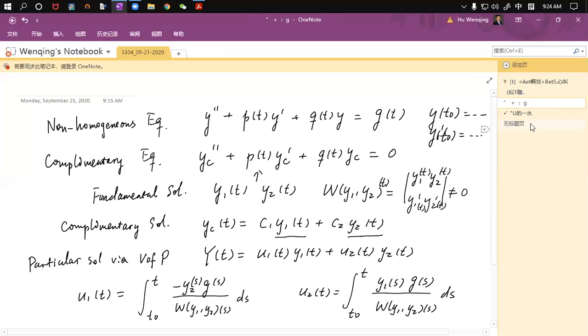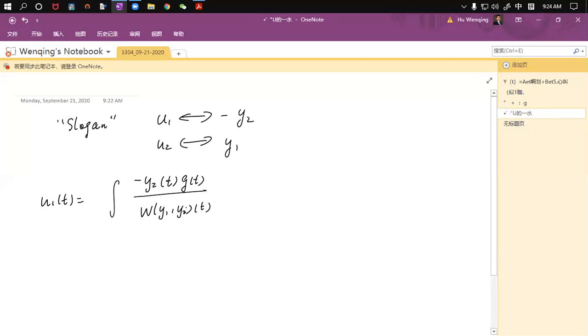So it's a function of t. And u2 of t is the integral of y1 of t times g of t divided by the Wronskian of y1, y2 at t, dt.